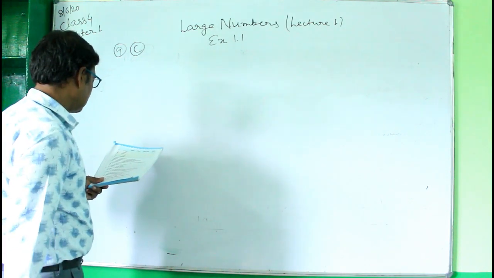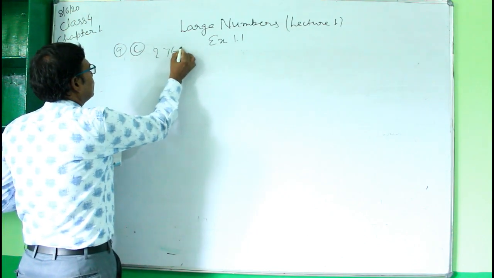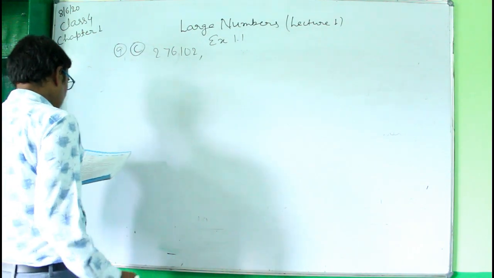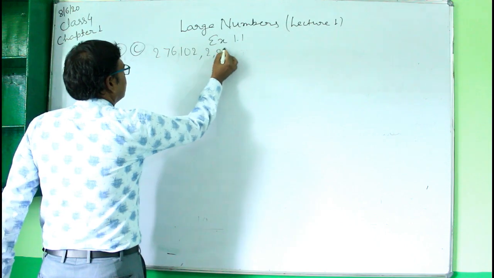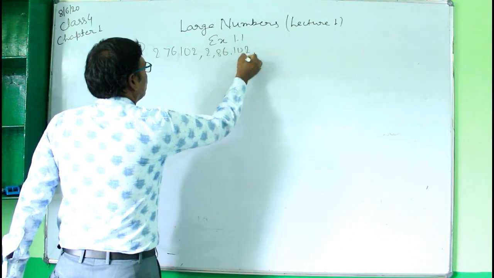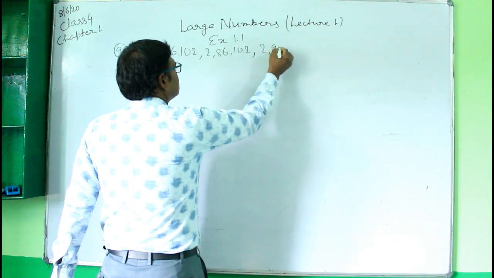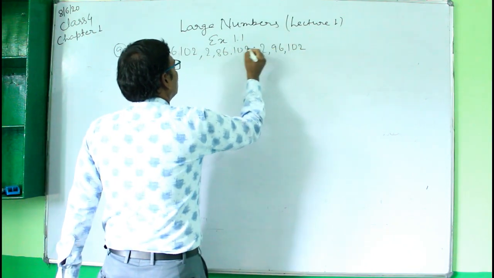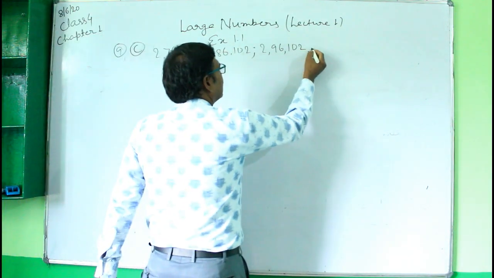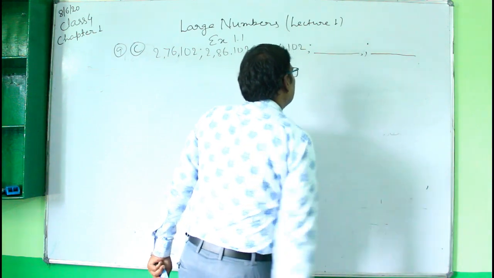Here the three numbers are 2,76,102, the first number. The next number is 2,86,102. The next number is 2,96,102. Okay, these are the three numbers. Then you have to write the next three numbers.